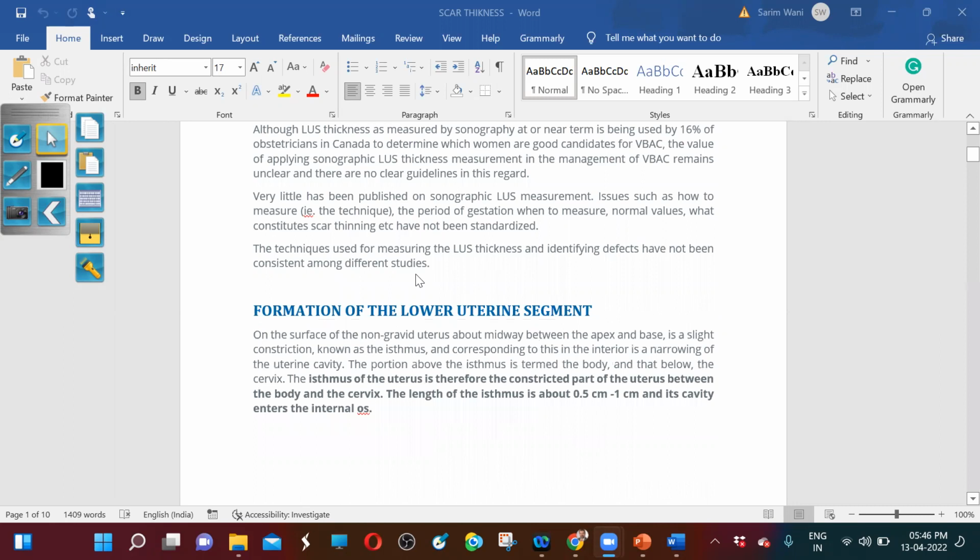The point is that whenever you are seeing a scar, where to see? Gynae knows that we are giving incision in the lower uterine segment, so we have to see at the level of the isthmus.